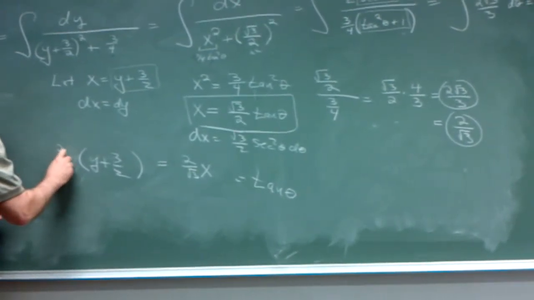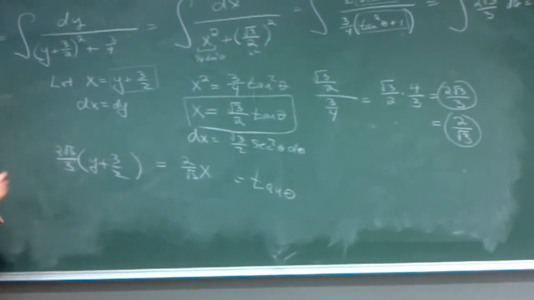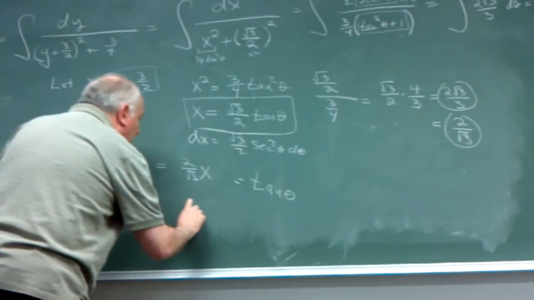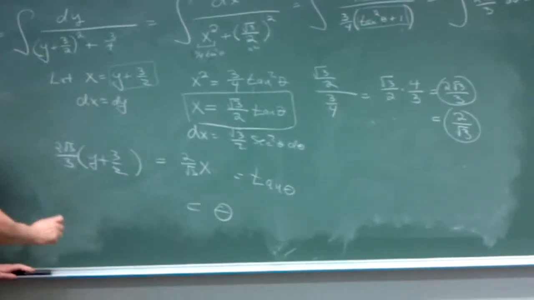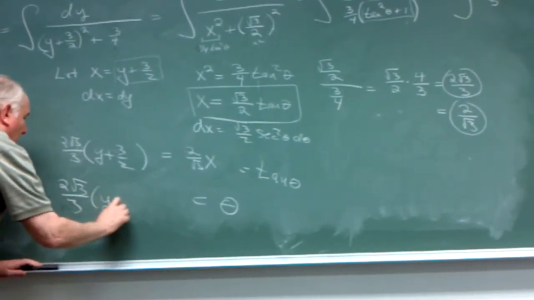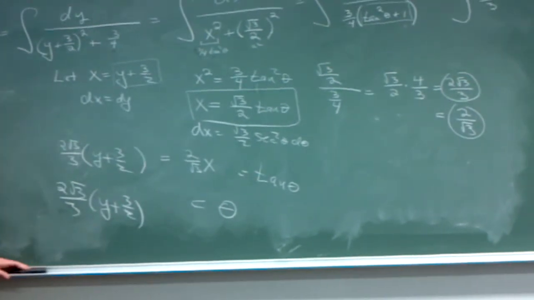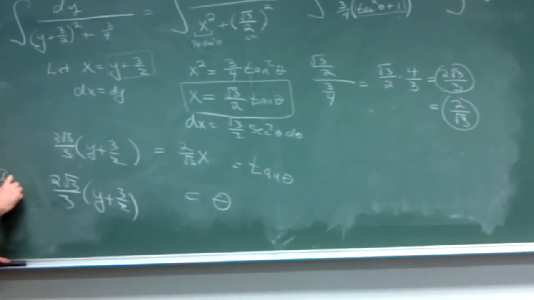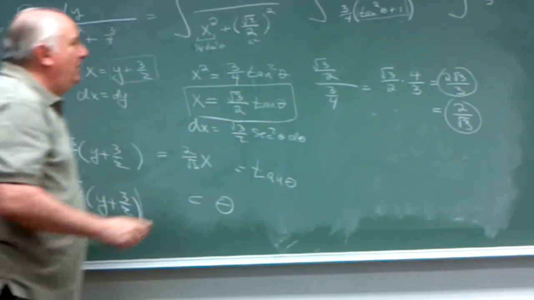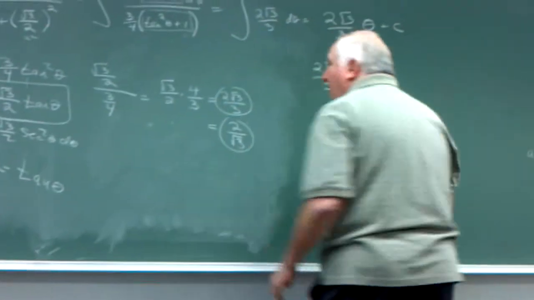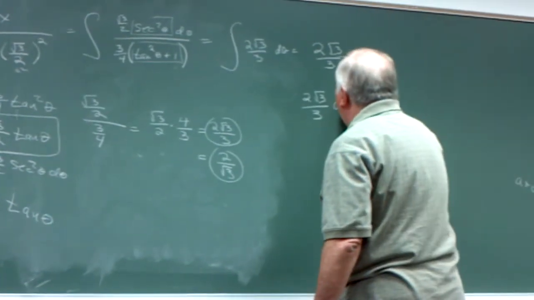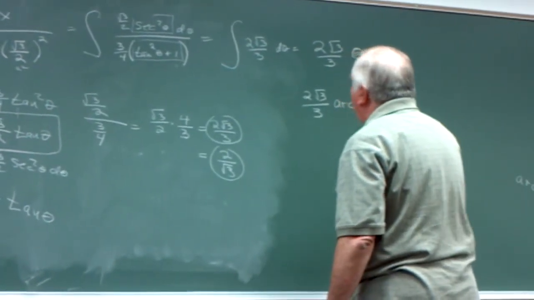Now I'll take the arctan of both sides, meaning that theta is the arctan of this expression. So when all the algebra is done, theta becomes the arctan of 2 root 3 over 3 times y plus 3 halves.